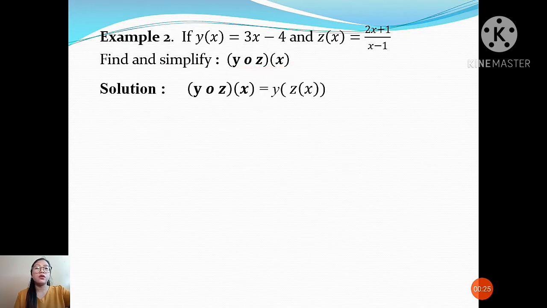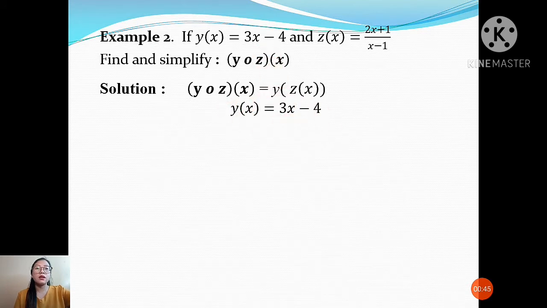For the solution, we have to define first: y ∘ z(x) = y(z(x)). Now we write first the main function, which is y(x), since it is given: 3x - 4.